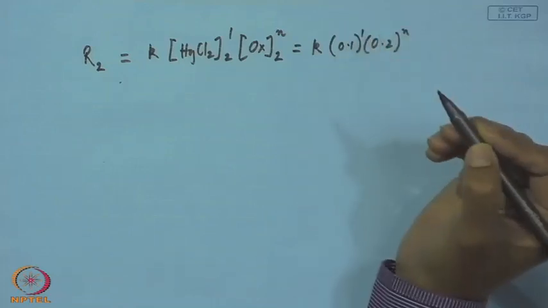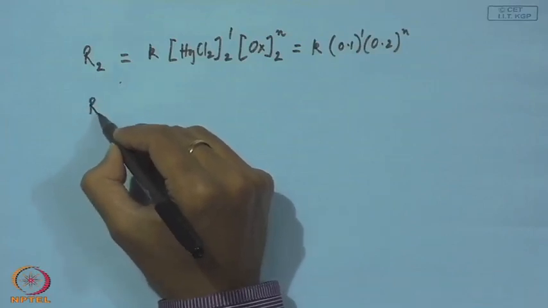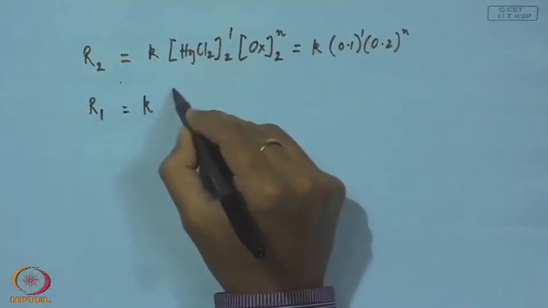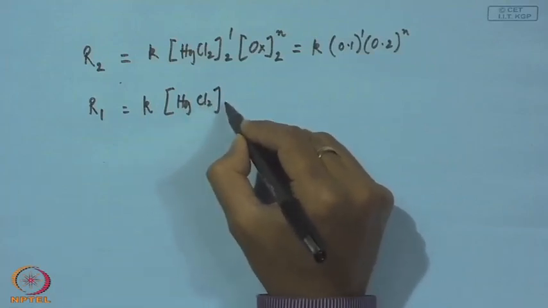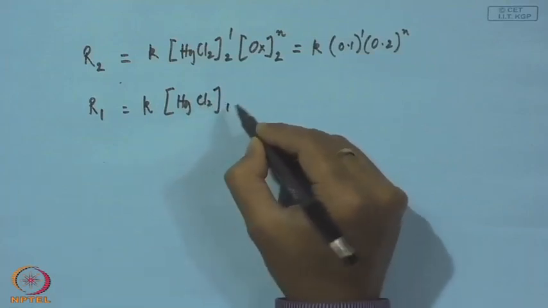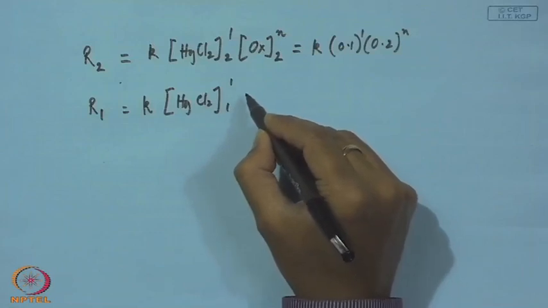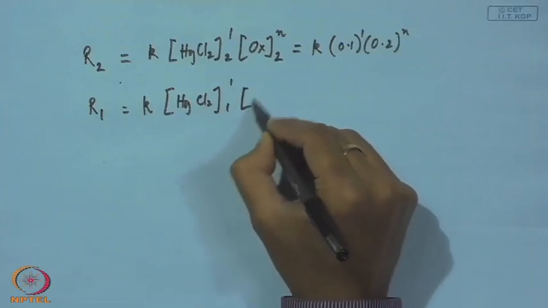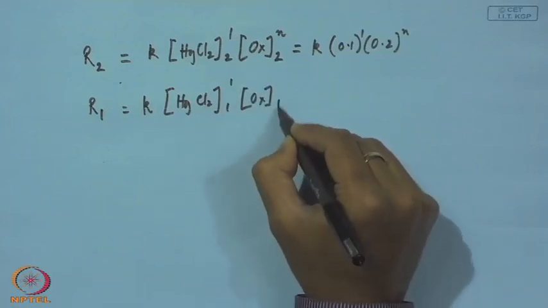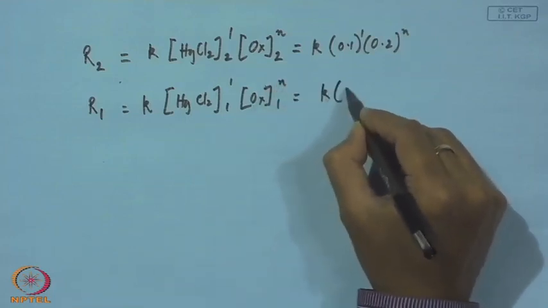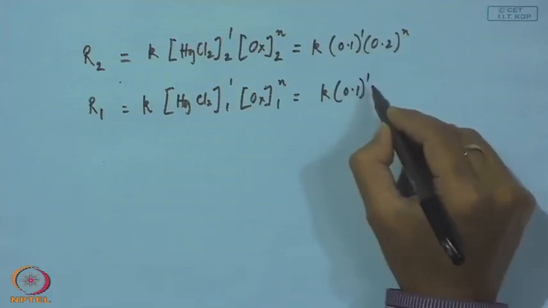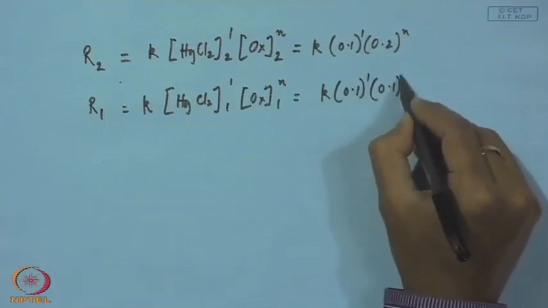In the same way, R1 is equal to K [HgCl2] 1 to the power 1, then oxalate 1 to the power n, which is equal to K into 0.1 to the power 1 and 0.1 to the power n.